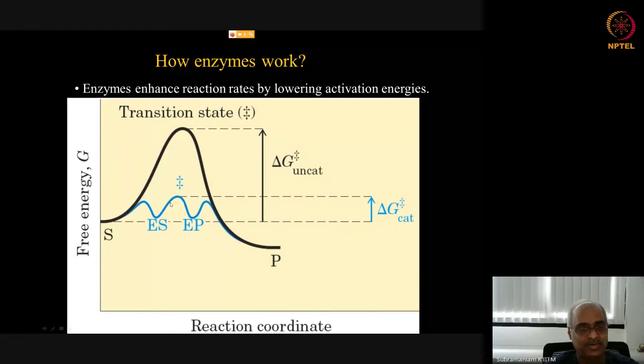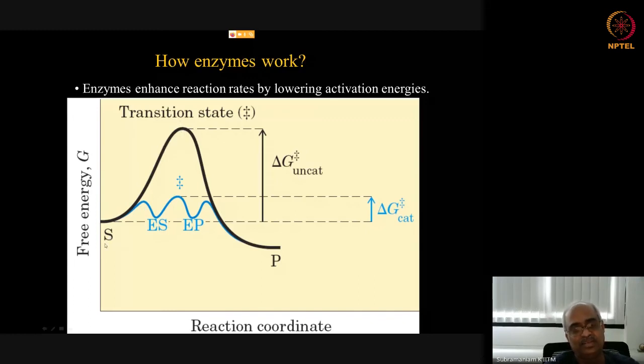You see two or three or multiple peaks, indicating that the substrate conversion to the product may involve a series of intermediate reactions. Okay, and each one has its own activation energy, but the individual ones are a lot less than the overall energy required to get to this transition state.